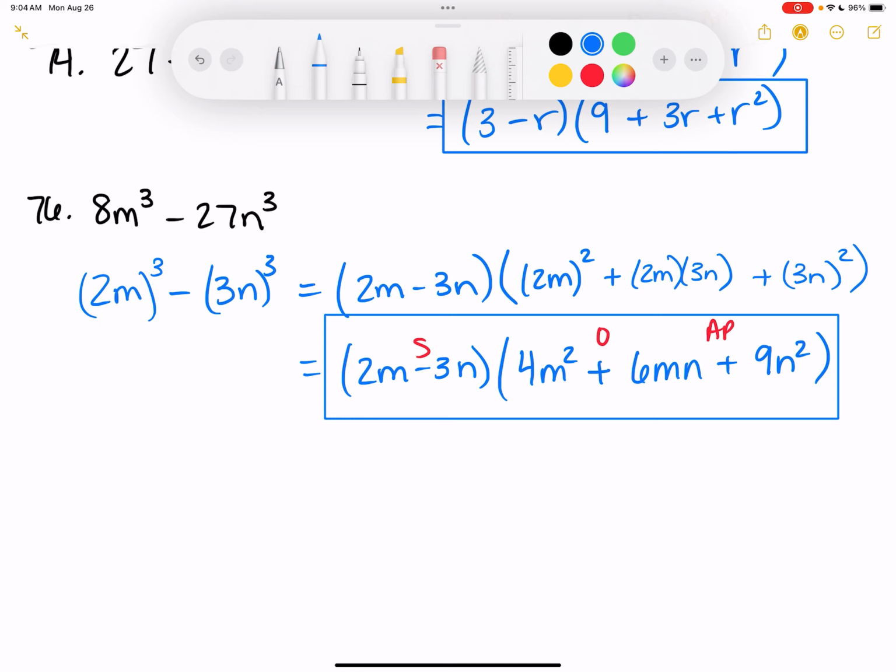Any questions on that? The only thing out of this section that I didn't specifically go over is if it tells you to factor by any method, that means you have to choose the method to use. Typically on a quiz or a test, I'm not going to say factor the polynomial or factor the trinomial.